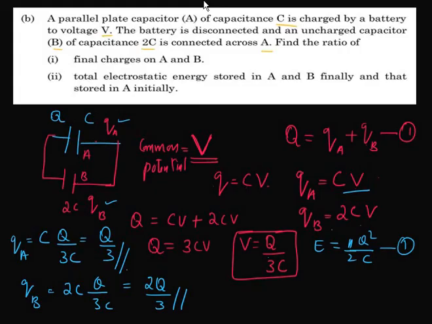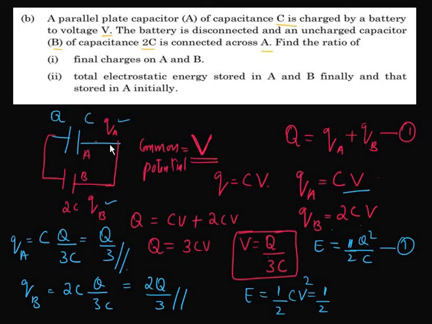Then, you need to find the electrostatic energy stored after we connect these two capacitors. How much will it be? The energy stored will be equal to half CV square, as the potential is common.